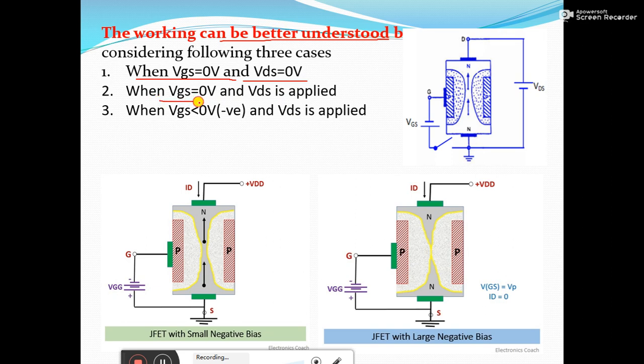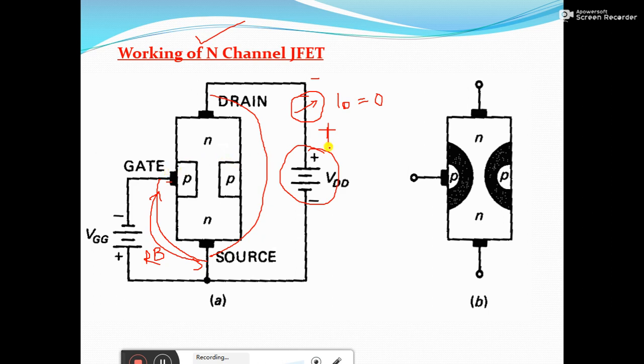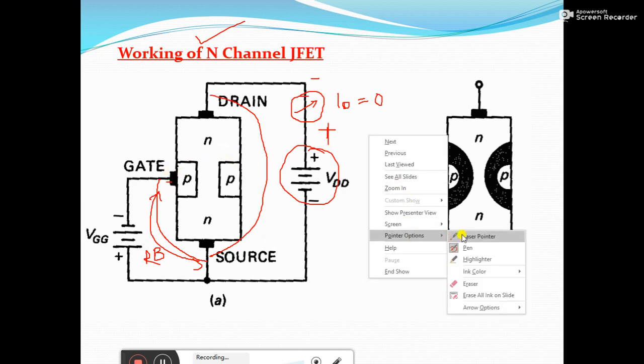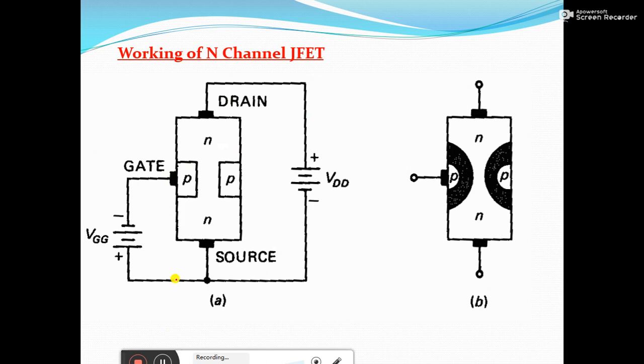In the second case, VGS is equal to 0 and VDS is applied. VGS equal to 0 means the gate and source terminals are shorted together, and no potential is applied between them. Only VDD, or you can say VDS, is applied.